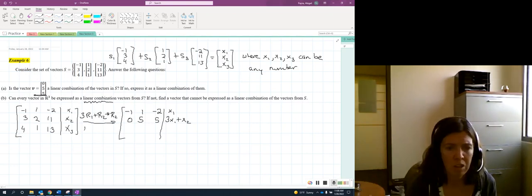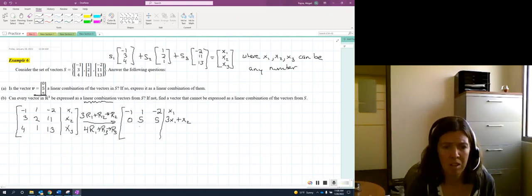We could do that with the operation 4 row 1 plus row 3. Make that the new row 3. So that'll be -4 plus 4, 4 plus 1, -8 plus 13, and then 4x1 plus x3.